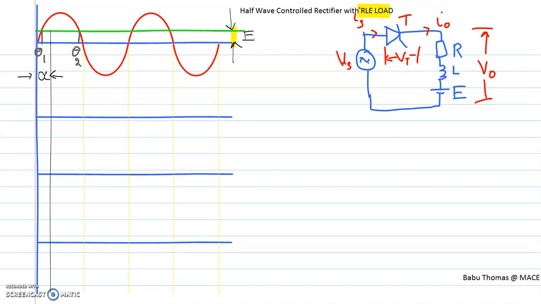I need your attention on the angle θ1 over here. This angle θ1 is nothing but the intersection of your source voltage Vs with your EMF E. Now for ωt less than angle θ1, E is greater than your source voltage Vs. That means the thyristor is in the reverse biased condition, so it is not possible to fire your thyristor at an angle less than θ1.